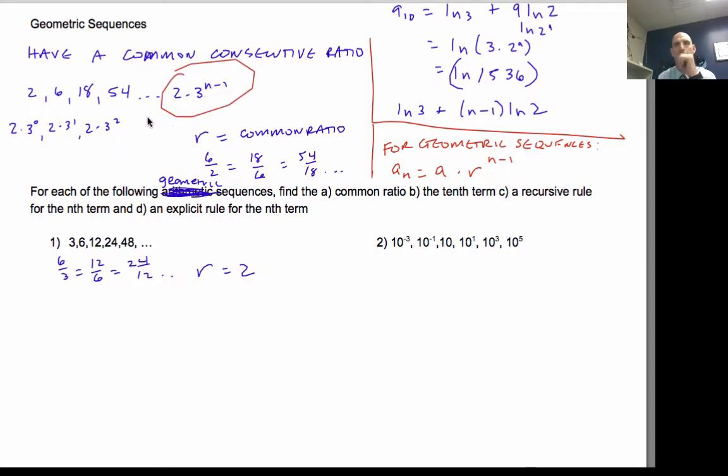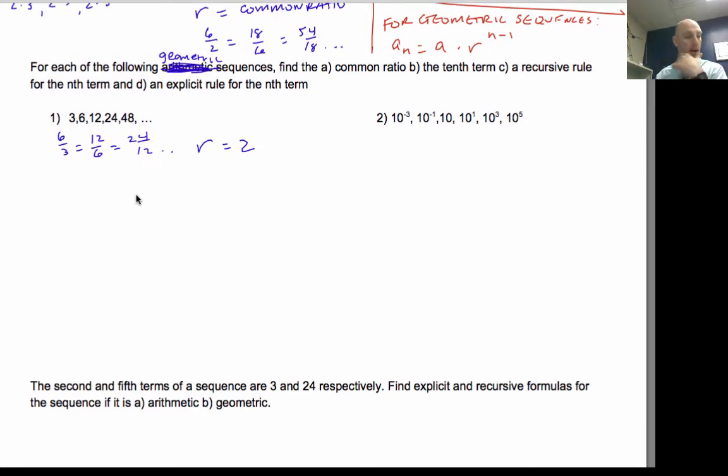You find what that common ratio is, and because you multiply by it every single time, you start where you start, and then use a power of that common ratio of n minus 1, because you didn't do it for the first one. So to find the 10th term, a sub 10 is equal to 3 times my common ratio 2, to the 9th power. So that's going to be 1536. That's my 10th term.